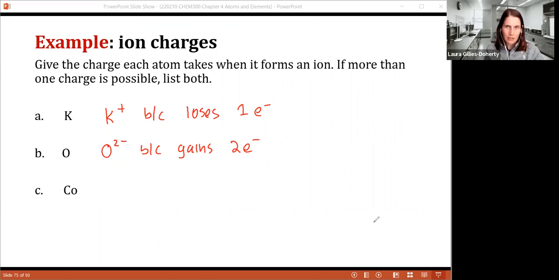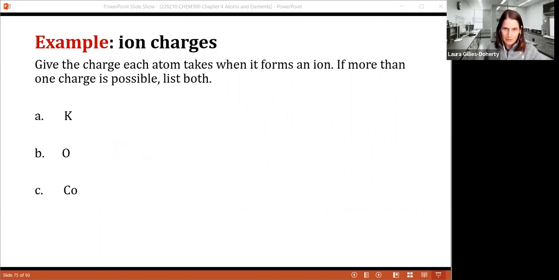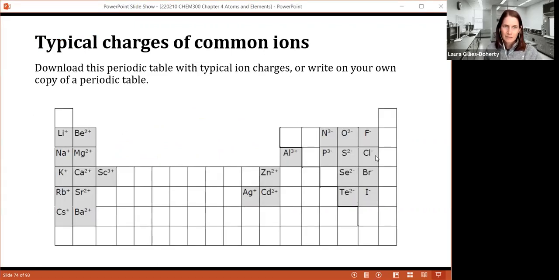Okay, now we have cobalt. Let's check the periodic table for cobalt. Cobalt isn't listed as one of the ions that we can always predict its charge, these ones in gray.